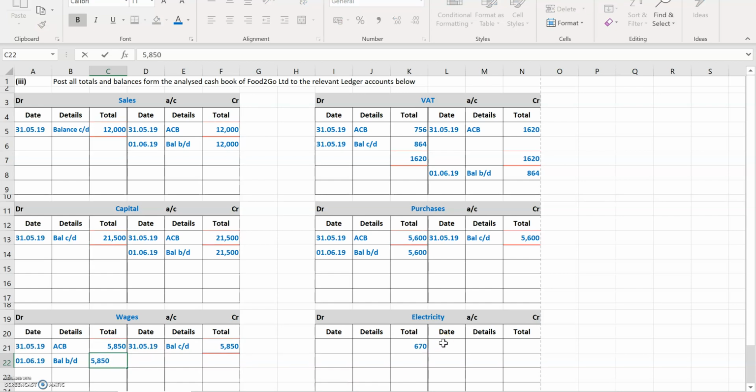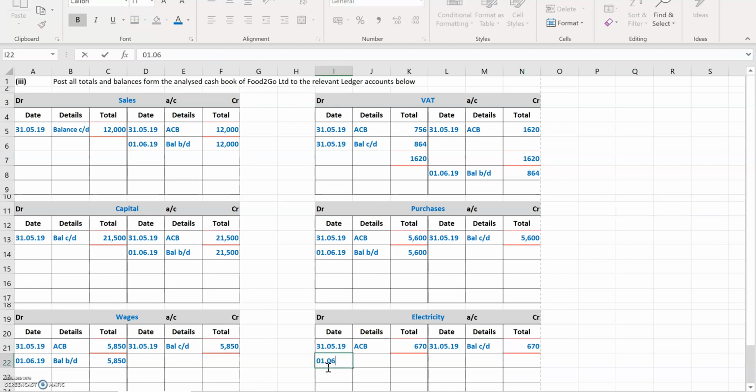5,850. And the last one then, we didn't put in the dates in here. Sorry, 31st of the 5th, 19. Where does it come from? Analyzed cash book. So the balance goes on the credit side, 670. The 31st of the 5th is when we balance off the account, the end of the month all the time. And the details, just the balance that's going to be carried down. We put in our line and our double line to show the account's being closed off, and we bring it down to the next month.